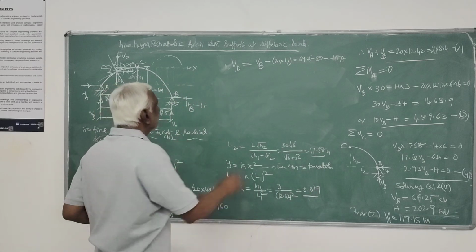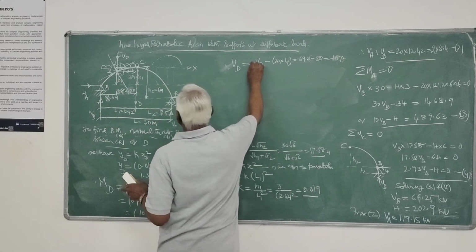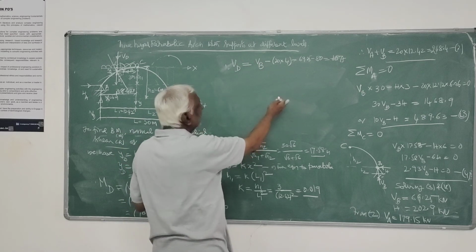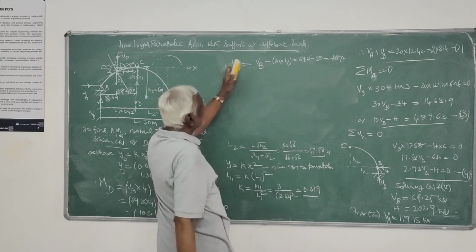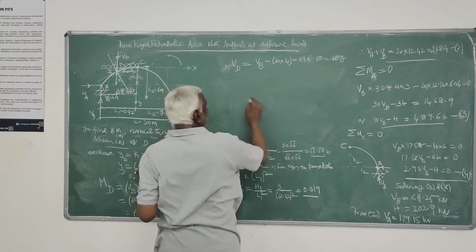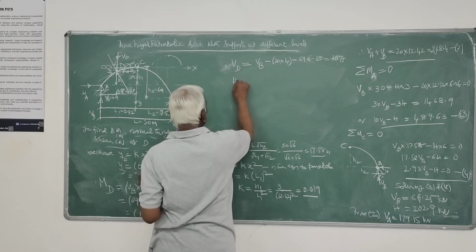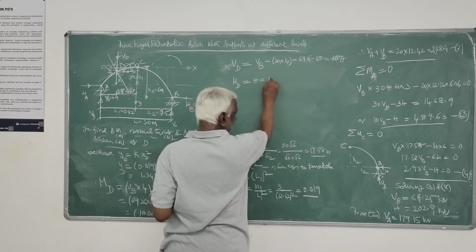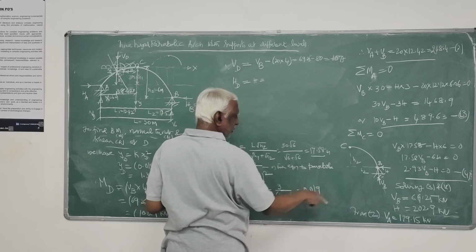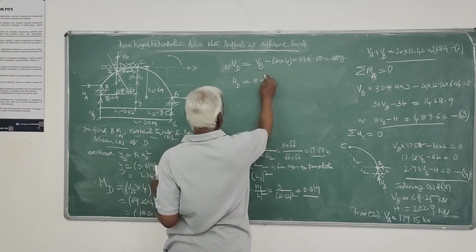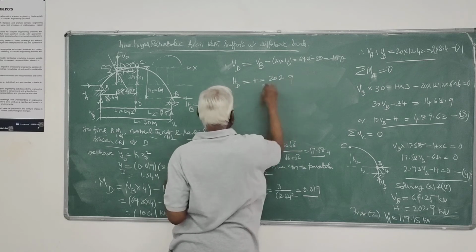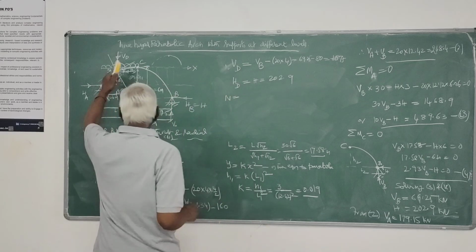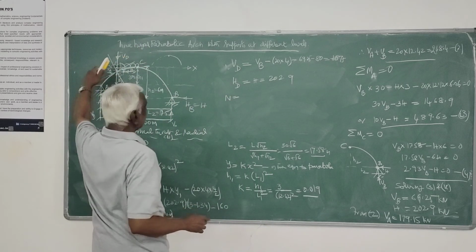Then you can also find it from VB minus VD. Then HD is equal to HA, that is H, nothing but HD, 202.9.